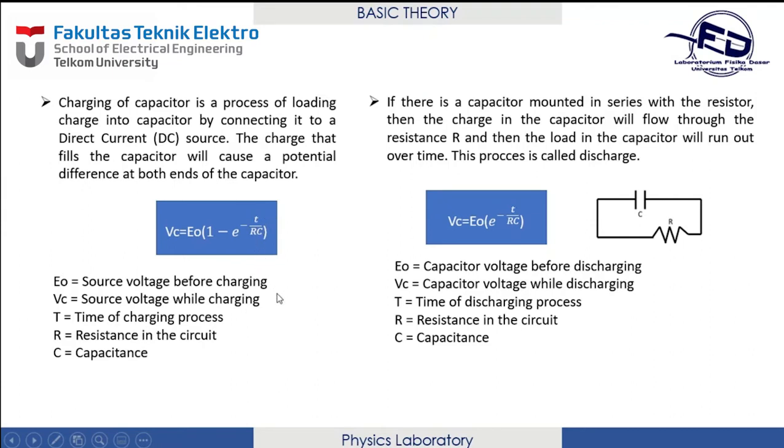Normally, if we want to charge an empty capacitor, the VC or source voltage will be 0 too, right? Of course, logically, if our phone's battery is out of use, after we plug the charger into the phone, it will start from 0% too, right? It's the same for this one. So let's do the equation, shall we?